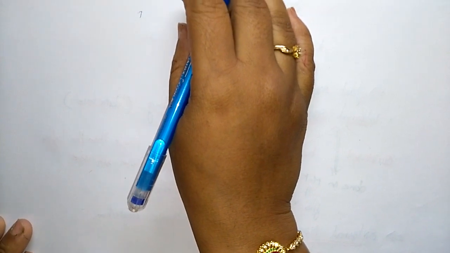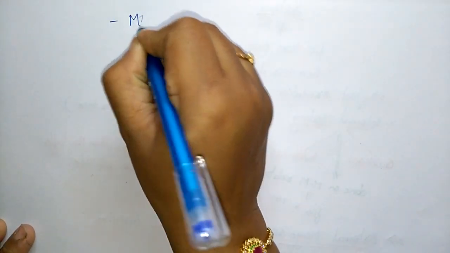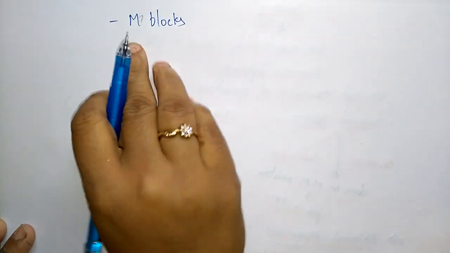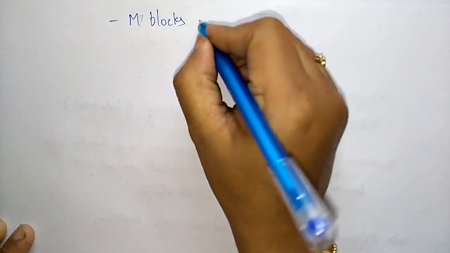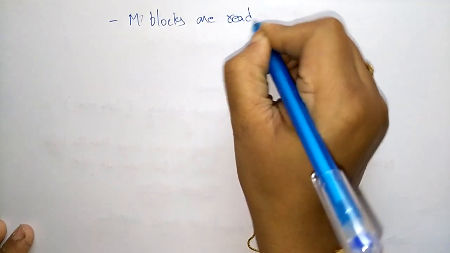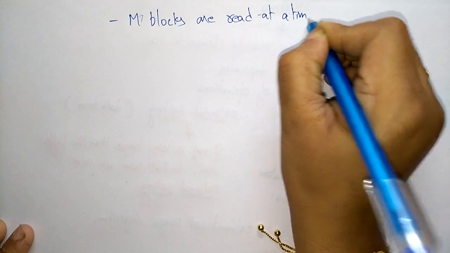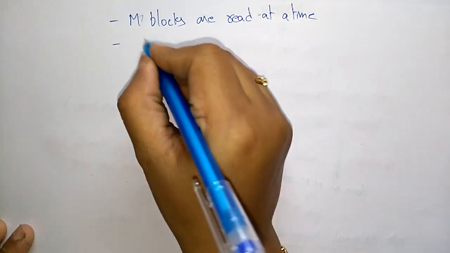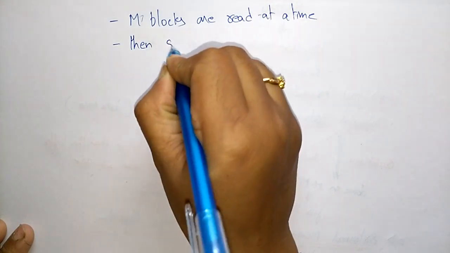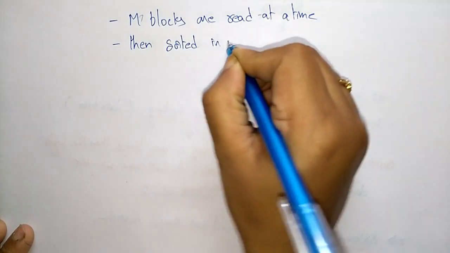Now we are discussing the algorithm of the external merge sort. Start the procedure. First, I said M is the number of blocks that fit into memory. So M blocks are read at a time. After that, they are sorted in memory.